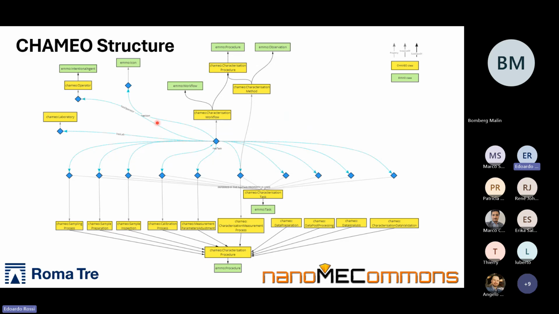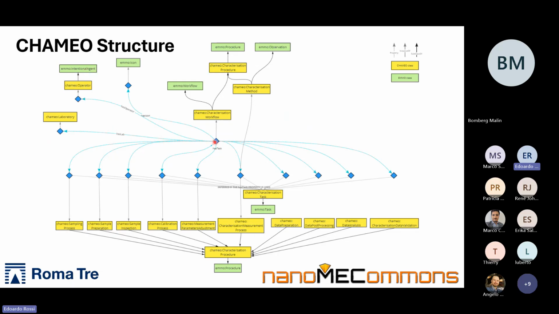So when you have defined the definitions and the terminology you need to use, you can see, as an example, the task of measurement has an operator, the Cameo definition of the operator, and this is compliant with the EMMO ontology, in which the operator is defined as an intentional agent.